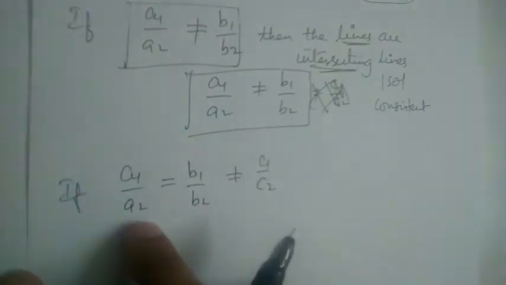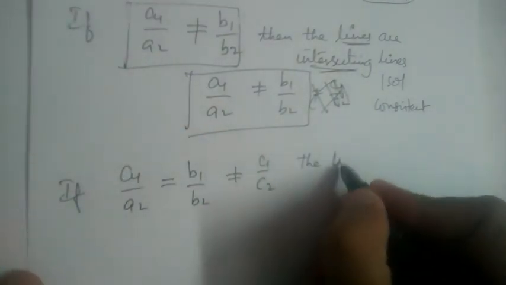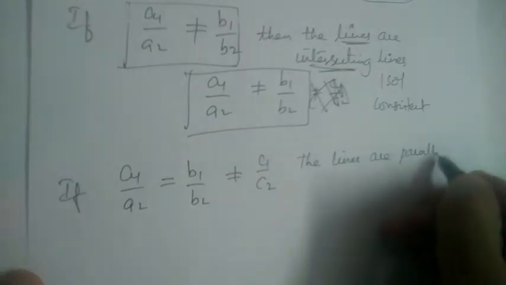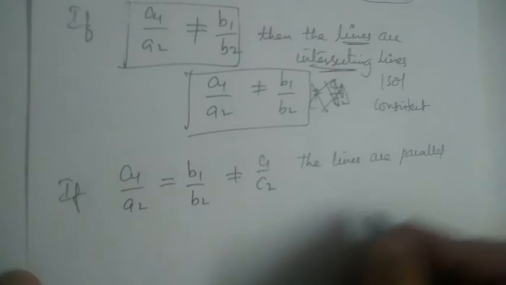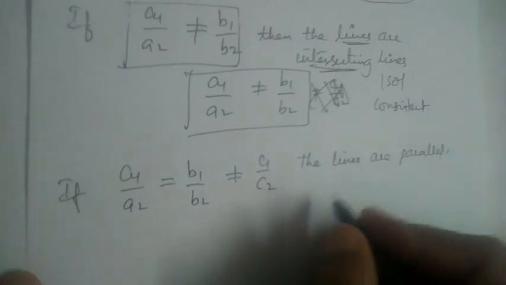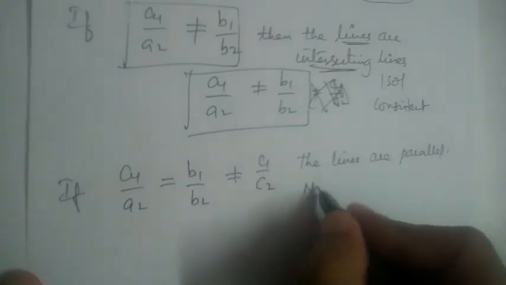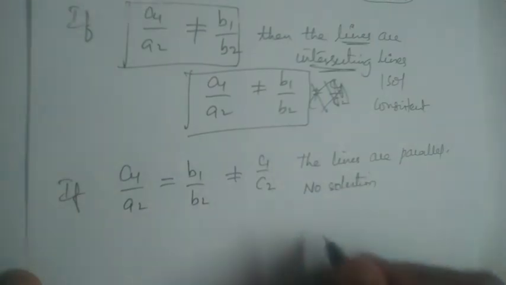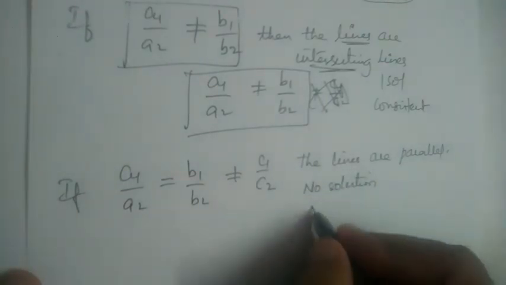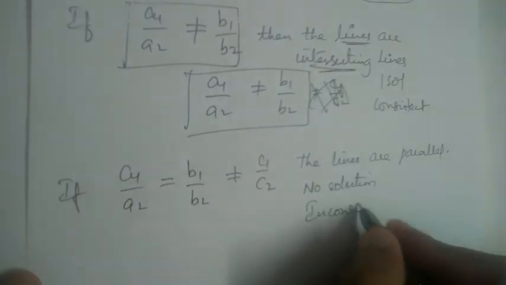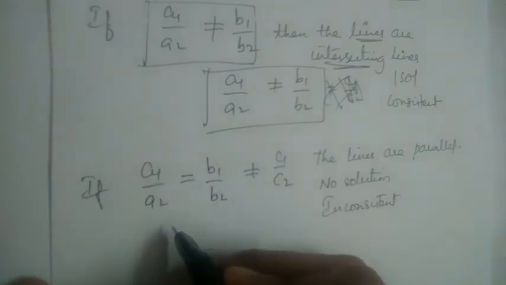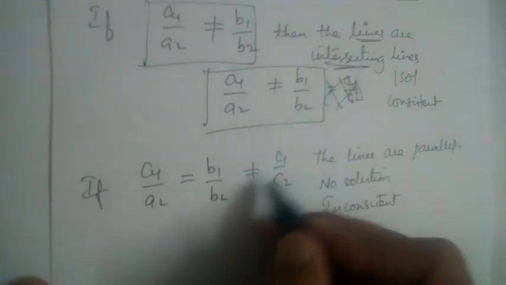If this is the case, the lines are parallel to each other. Okay, so if they are parallel, how many solutions are there? No solution, right? The lines will have no solution. And whether it is consistent or inconsistent? Inconsistent.